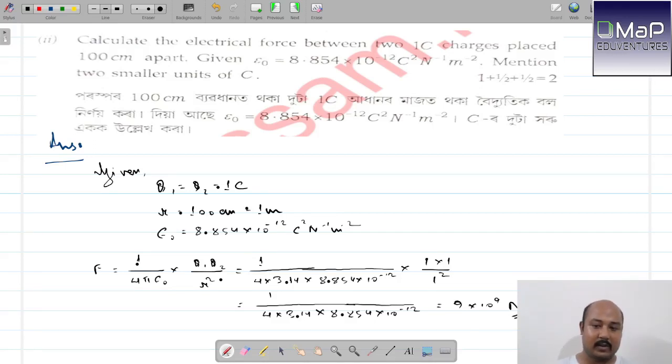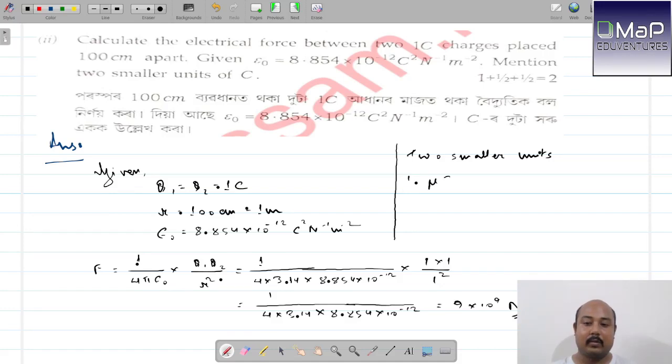Okay, so this is the first part. For the second part, we can write two smaller units. We can take sub-multiples, that is an option. Since coulomb is a very large unit, we can take micro coulomb, which is 10 to the power minus 6 coulomb, and the second is millicoulomb or nano coulomb.